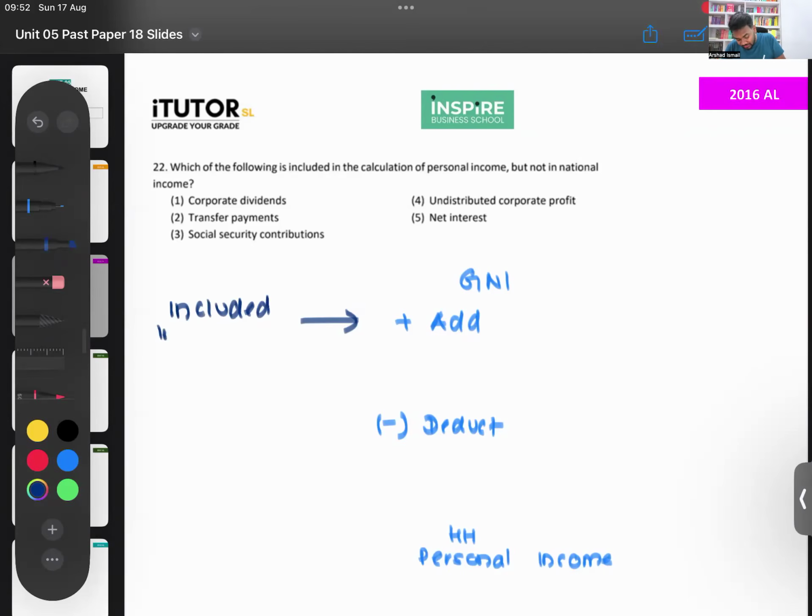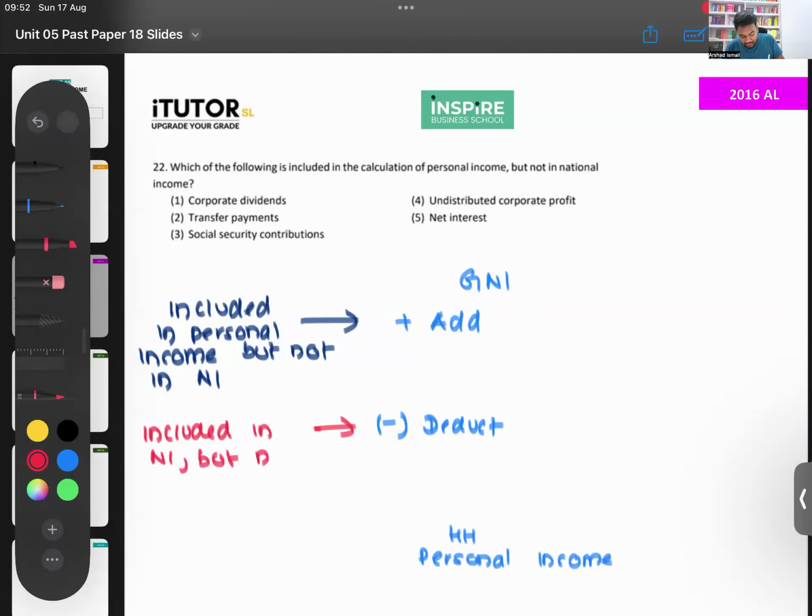Then what do we deduct? What we deduct is included in national income, but not included in personal income. That's why we are removing that.